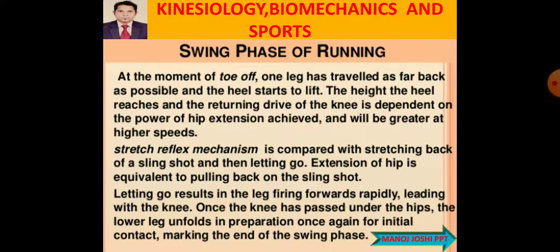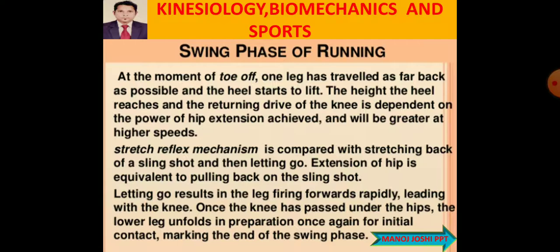The stretch reflex mechanism is compared with stretching back a slingshot and then letting go. Extension of the hip is equivalent to pulling back on the slingshot. Letting go results in the leg firing forward rapidly, leading with the knee.